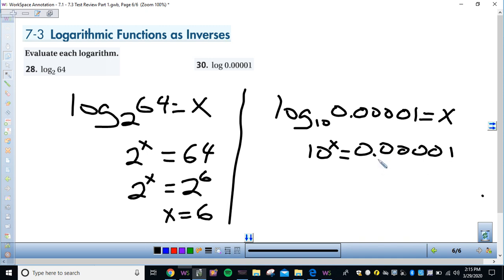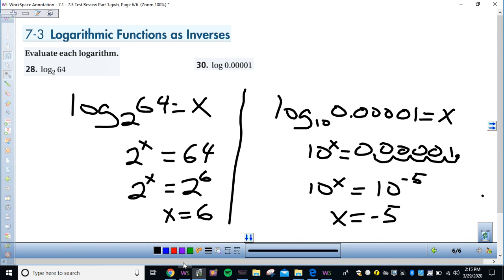Here's a nice little trick to figure that out. We want to figure out what negative exponent this is, 4 zeros and the 1. So if you move over 1, 2, 3, 4, 5, then that is 10 to the negative 5th power. So 10 to the x equals 10 to the negative 5th power, and then x equals negative 5.